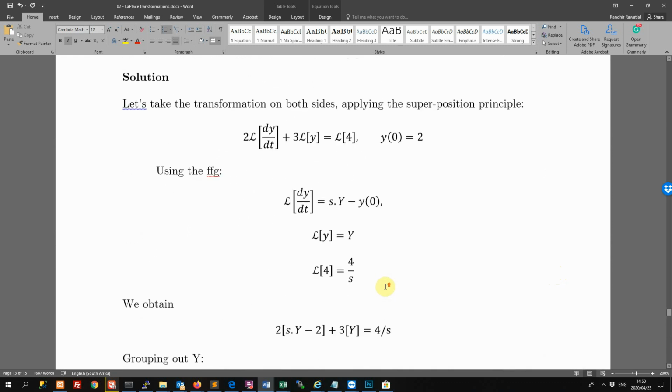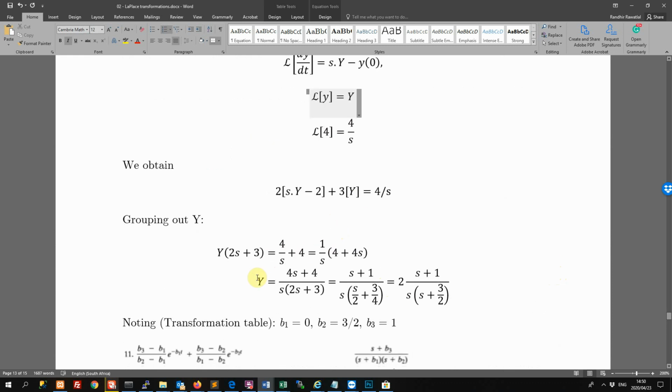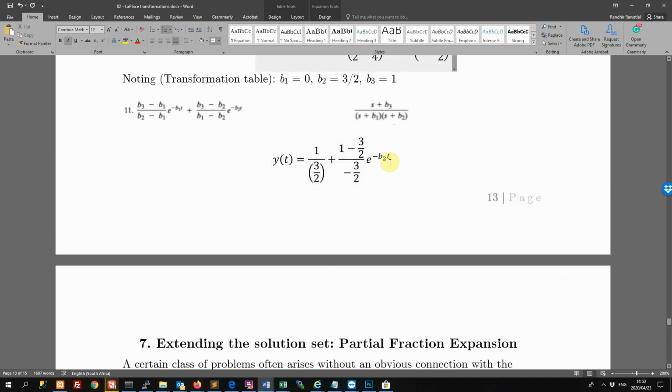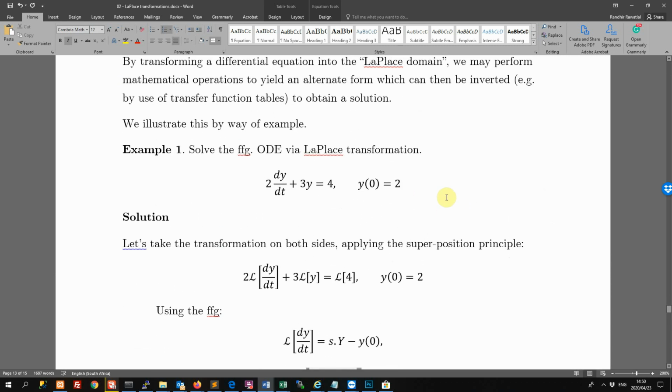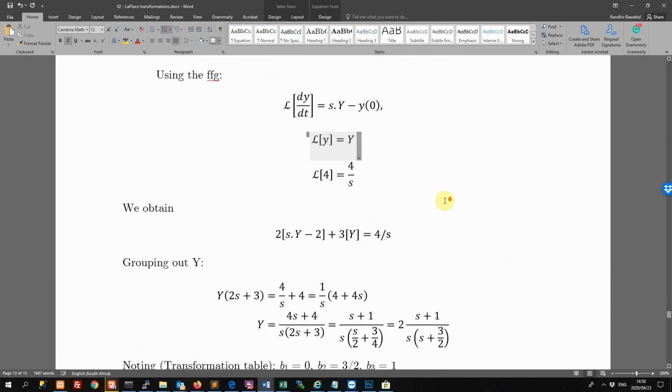And so look at what we've done here. We had originally a non-homogeneous first order differential equation, and we haven't done any calculus here. All we did was a little bit of algebra and then a table lookup, and now we suddenly have a solution. So that's the great power of Laplace transform when solving differential equations.